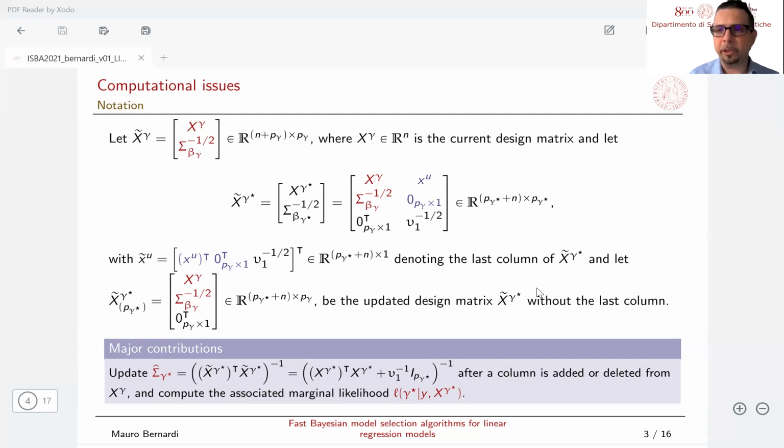We call the new column XU, and we denote by XU tilde the new column of the augmented design matrix. So the idea is to find algorithms to update the inverse of x tilde square and the likelihood.